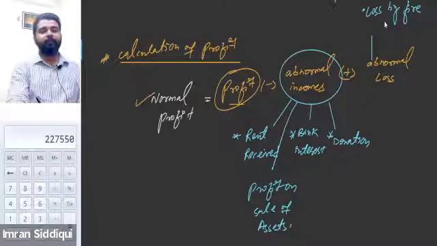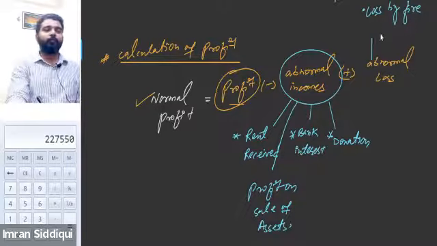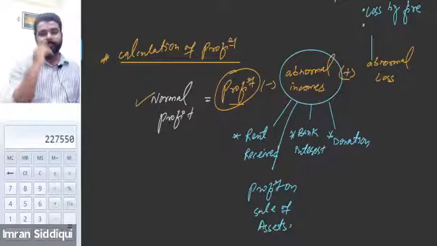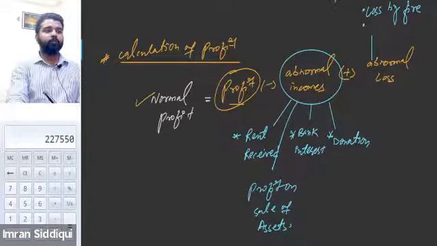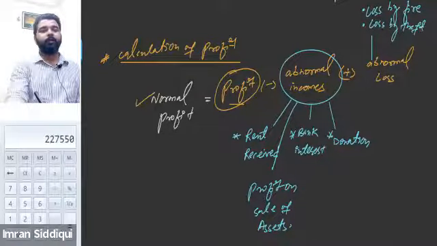It is owing to some kind of accident. So this is abnormal loss, and such loss will be added back to the profit to find out the normal amount of profit. Similarly, apart from the loss by fire, we have other losses also, like loss by theft, or you can say the loss on sale of asset.